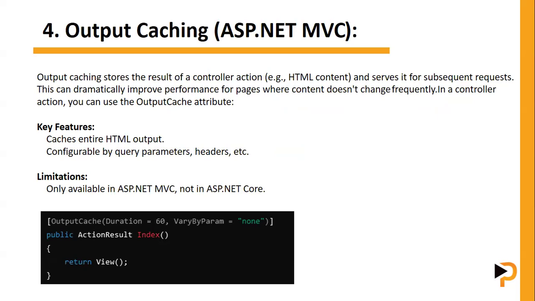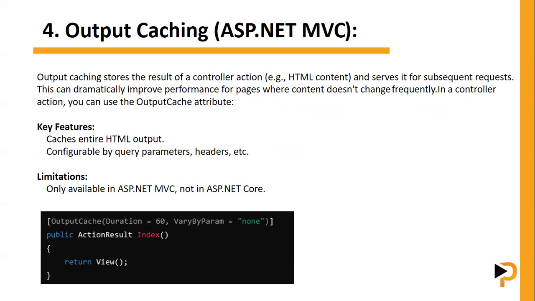Output caching stores the result of a controller action, and serves it for subsequent requests. This can dramatically improve performance for pages where content doesn't change frequently in a controller action. So you can use the output cache attribute.